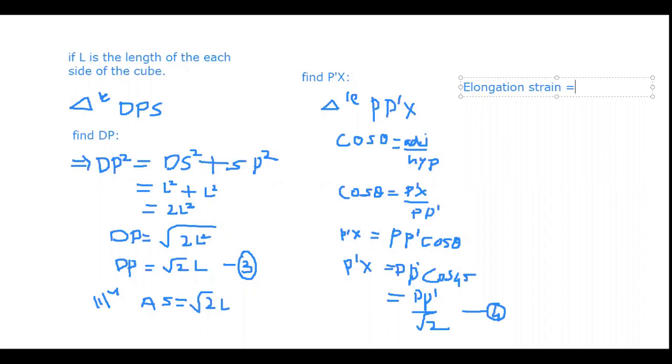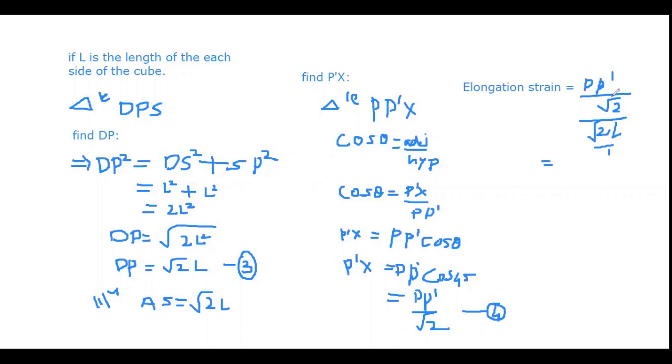The elongation strain will be equal to P dash X, which is PP dash by root 2, divided by root 2L.